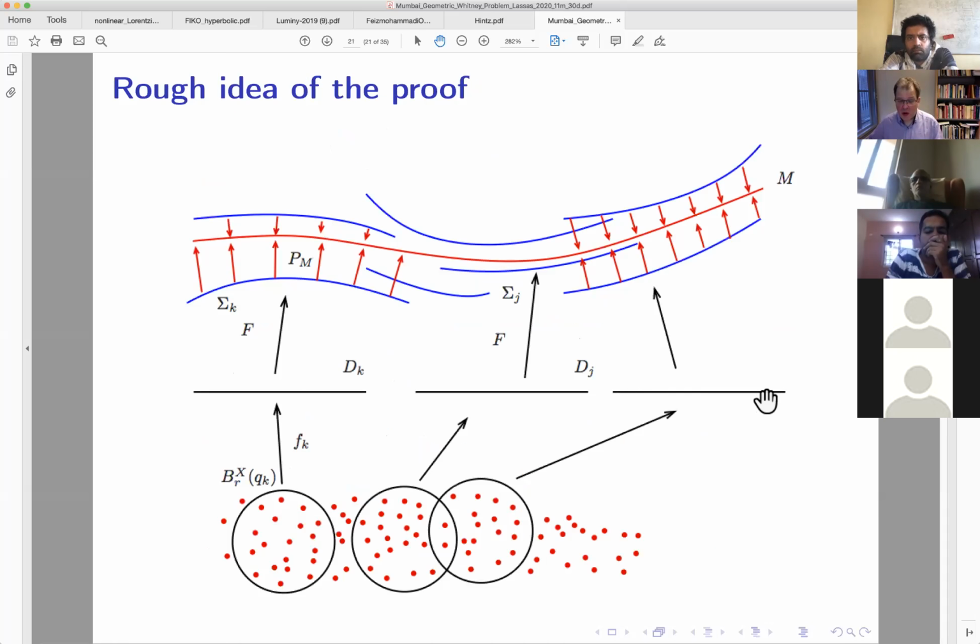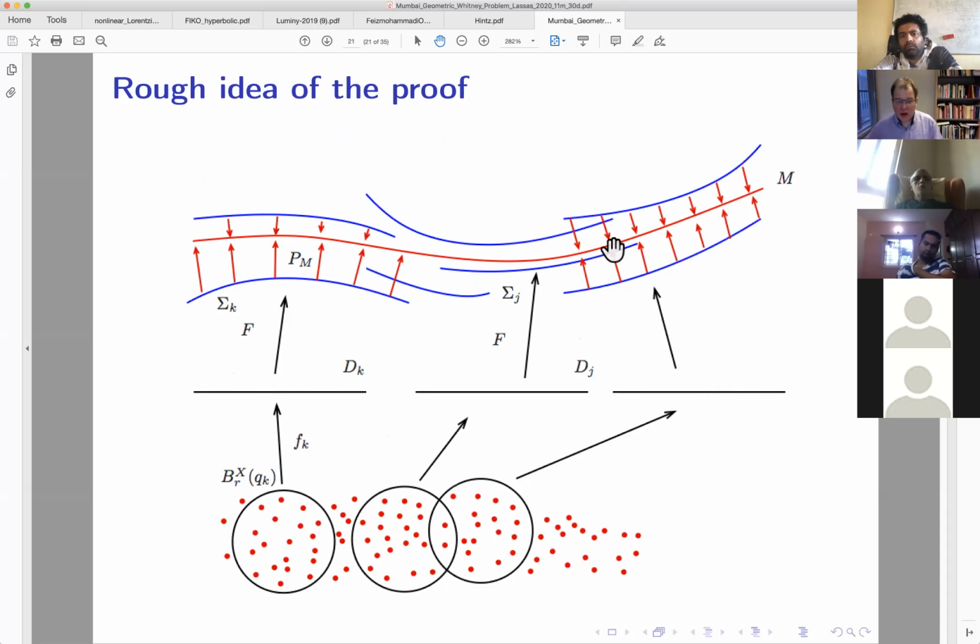So here we have the Euclidean metric. We push the metric first forward to these blue sets, and then we push the metric forward to the red submanifold of Euclidean space E. And then locally we have very nice metric tensors.